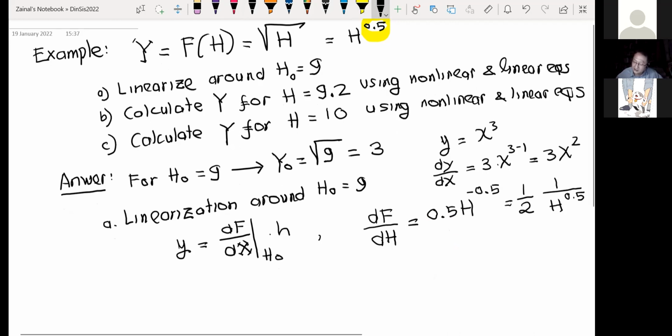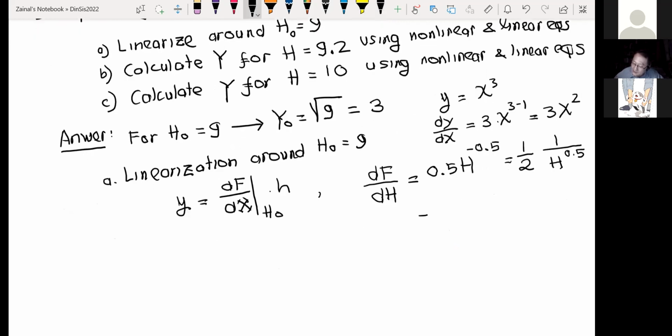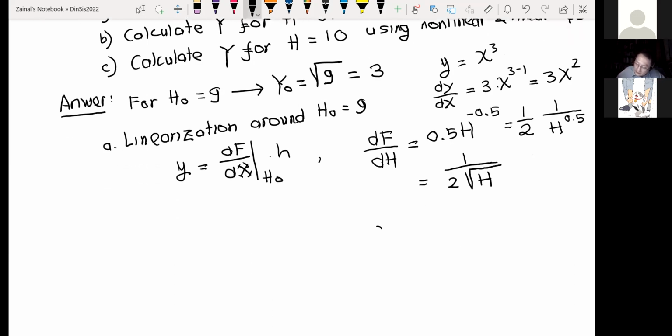It means that this one will be the same with 1 divided by 2 multiplied by square root of h. Okay, now we want to calculate this one divided by dh.